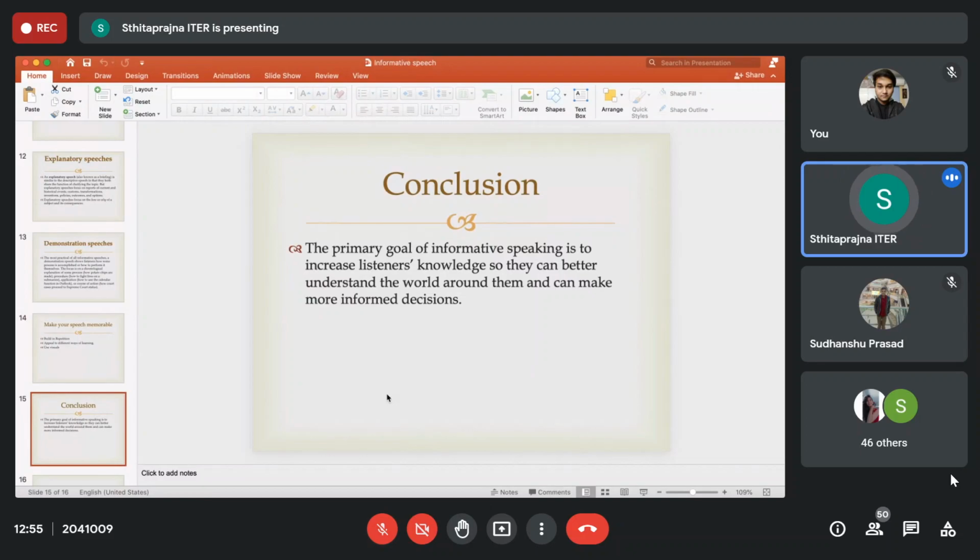Let this be a learning experience for all of us. Let us gain knowledge from what you're going to say. It increases the listeners' knowledge so they can better understand the world around them and make informed decisions.